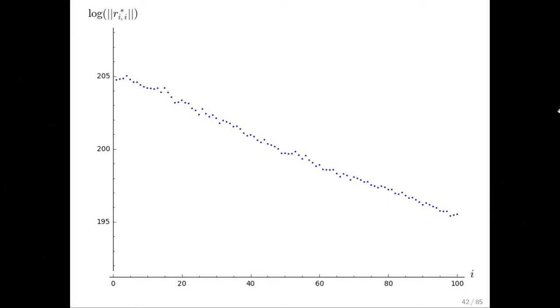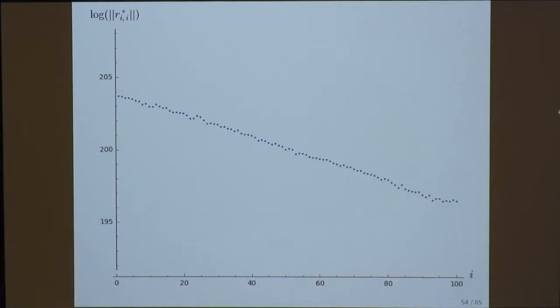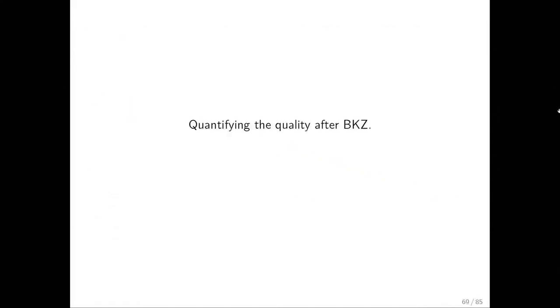If I continue the tours, it further pulls down the first vectors and pulls up the tail vectors. The vector we are most interested in is the very first one, and you can see that during this procedure it is gradually being pushed down. That's the principle of this. And that's the end of BKZ 40.